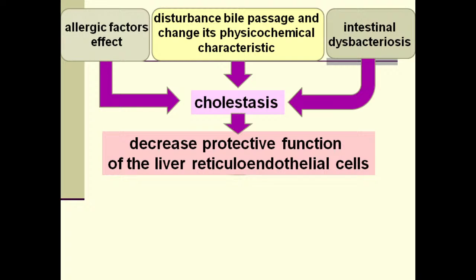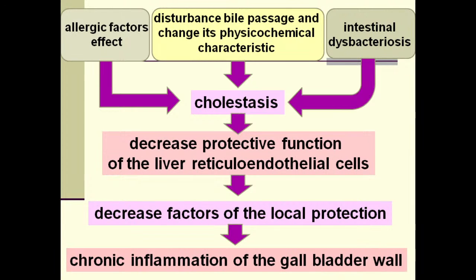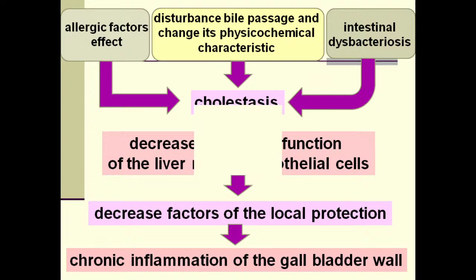If the protective function decreases, sterile bile becomes bacterial, and we can have chronic bacterial inflammation of the gallbladder, which will be manifested with fever.